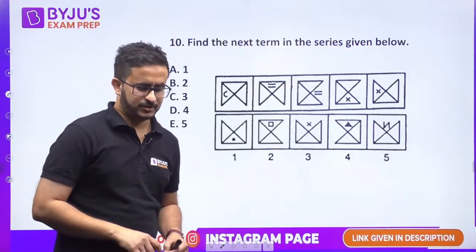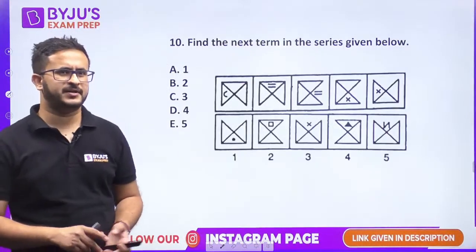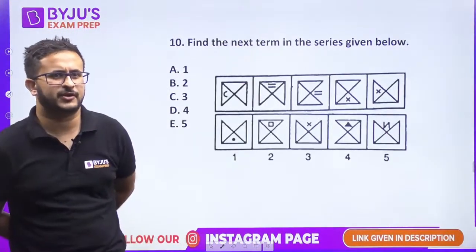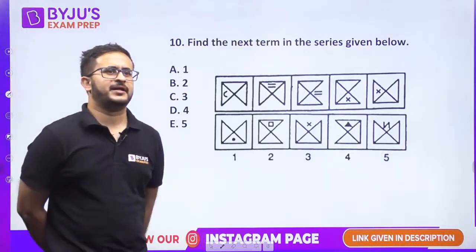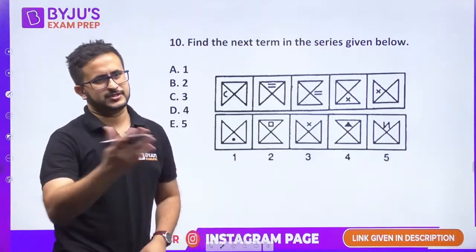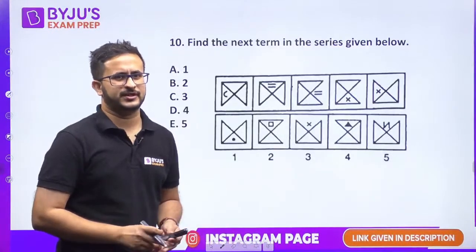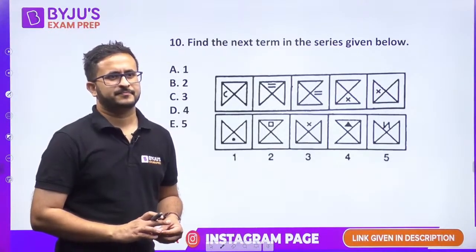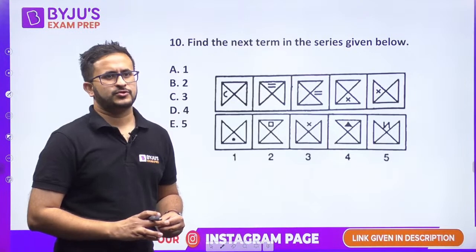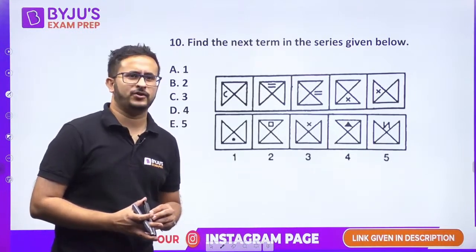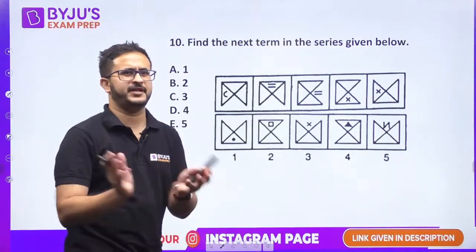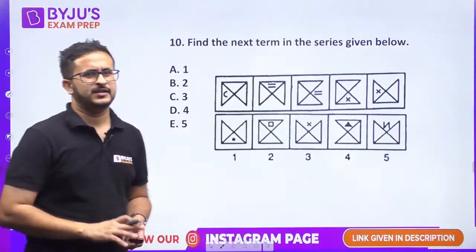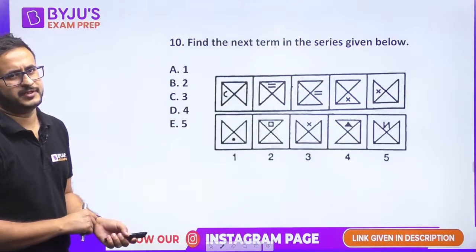Too many elements, so check one by one. If you check 1 or 2 elements, you should be able to eliminate some of the options. If a lot of time is being taken, just mark one randomly, because there is no negative marking. So this is something where you do not have to spend a lot of time. In this section, even scoring 15 out of 25 is a great number in itself.